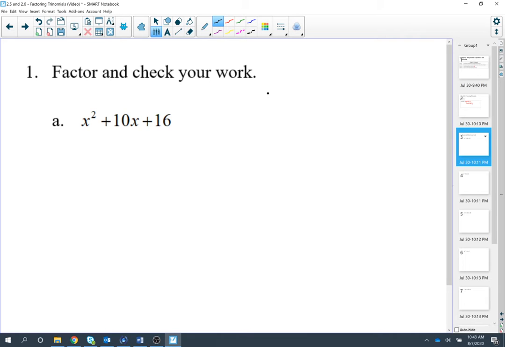So we've got a couple steps we're going to follow, and I'm going to try to remember them as I go. Step number one, we first need to check that the leading coefficient is positive. And at the same time, you're going to check, is there a GCF? If either of these things are not met, you need to deal with it. My leading coefficient here, I've got an x squared. It's positive. That's a good thing.